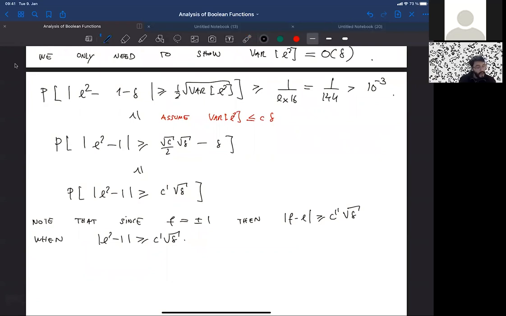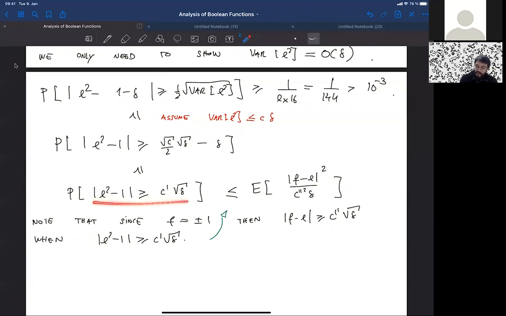And so if that is true, then this thing, using this information here, is less or equal than the expectation of f minus L, say, divided by c2 prime root delta, squared.